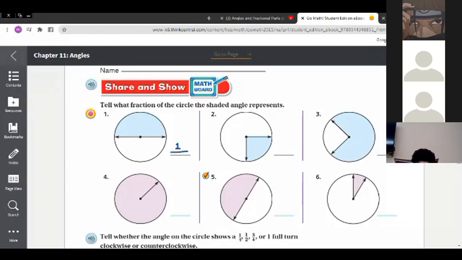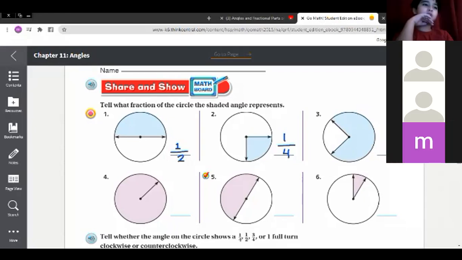What is the fraction of number 2? Imagine how many parts of the one circle. 1 over 4, exactly. Thank you, Manef.